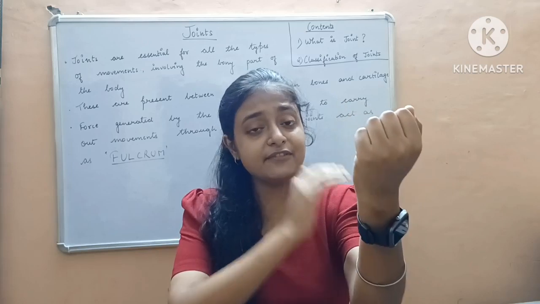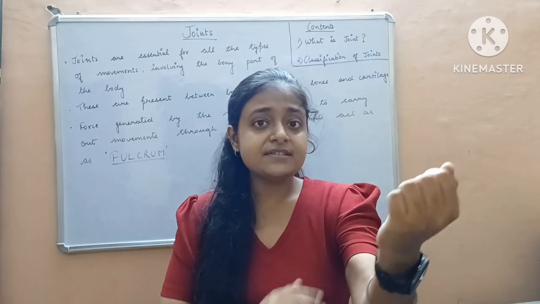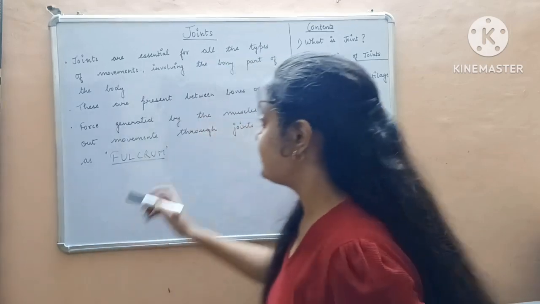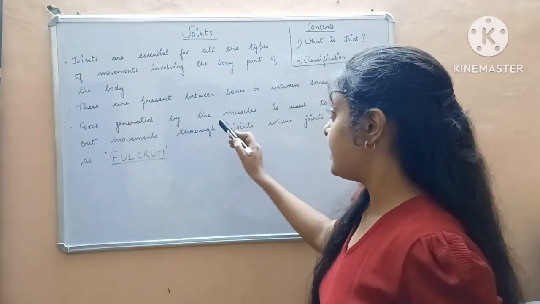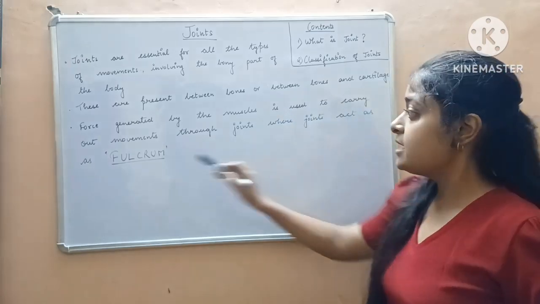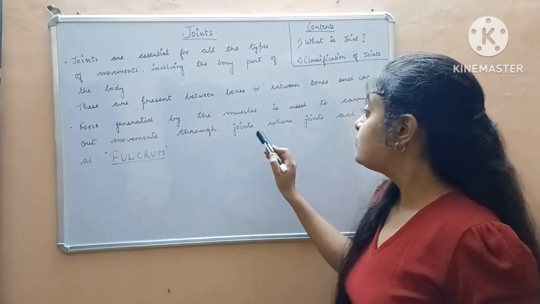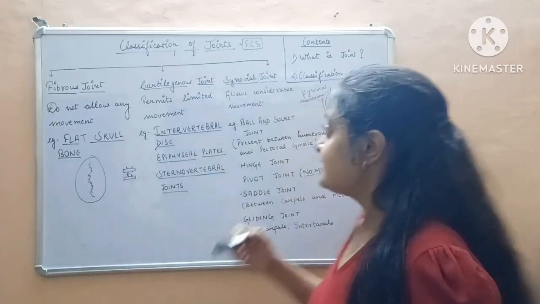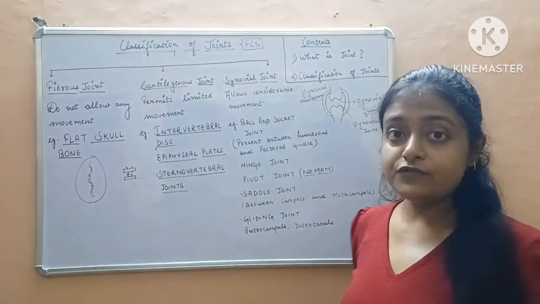If the effort is more than the resistance, then there is a movement. So this point states that force generated by the muscles is used to carry out movements through joints, where joints act as a fulcrum.